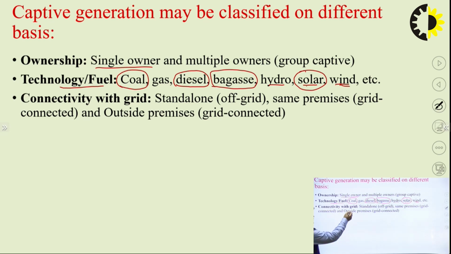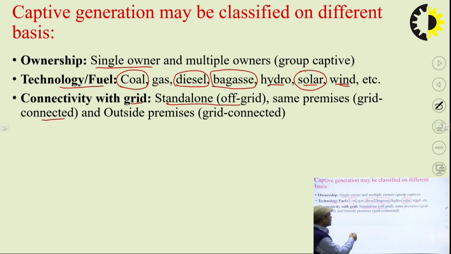Regarding connectivity with the grid, normally there could be a standalone system, also known as an off-grid system, and in the same premises grid may also be available. And as I said in the previous slide, whenever there is surplus generation, that is, generation greater than the demand, we can have a grid-connected system so that whatever excess power is generated can be sent to the grid.